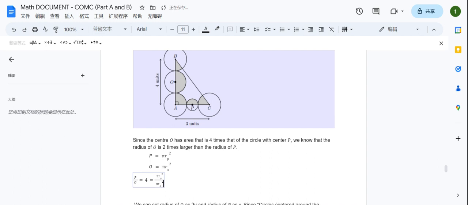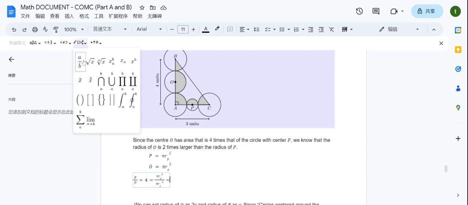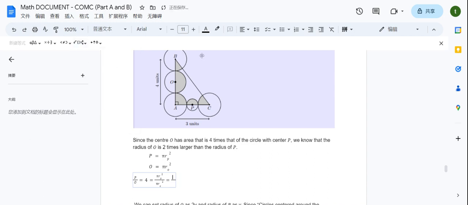We cancel out pi, and we are able to simplify this equation into radius of circle O divided by radius of circle P, squared, is equal to 4.